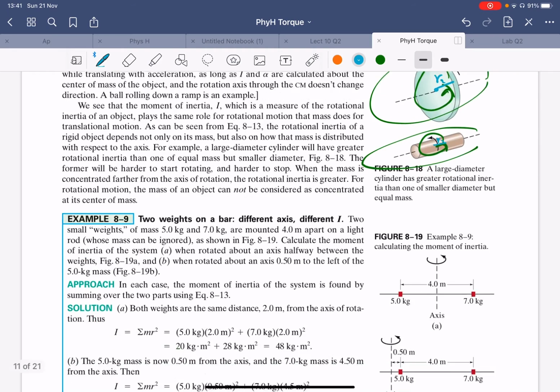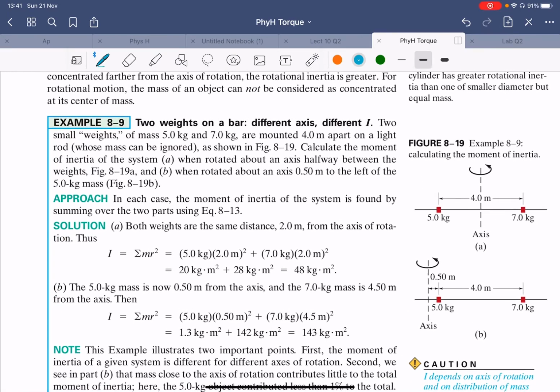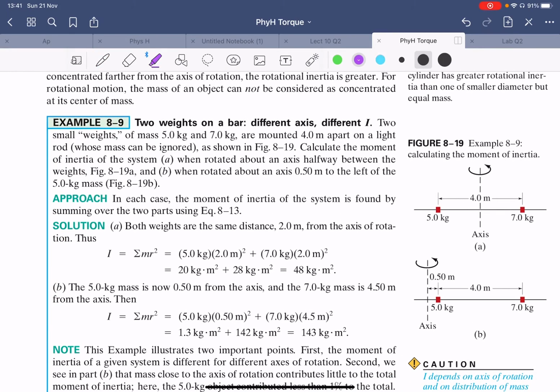All right, let's see an example here. This is talking about two weights on a bar. These are the two weights on the bar. Now they have a different I. Let's look at the question. It says two small weights of mass 5 kg and 7 kg are mounted 4 meters apart on a light rod whose mass can be ignored.